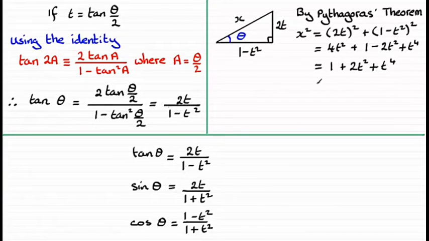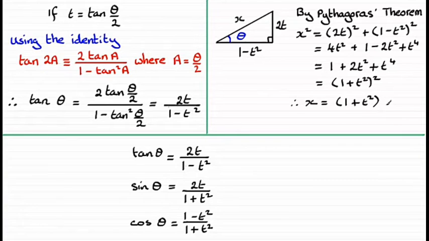And this factorizes to all of 1 plus t squared, all squared. So when it comes to working out x, we just need to square root both sides and we end up with x equals. Now it won't be plus or minus, we want the positive value because we're looking at a length here. So it's just going to be 1 plus t squared.